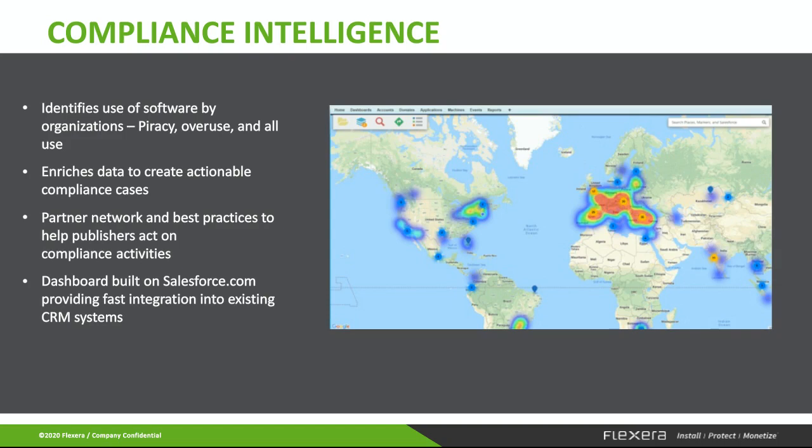The end goal of a compliance program is, sure, you're going to make money and settle more revenue based on that license leakage, but you want to gain that customer. You want that customer to be compliant and a good customer moving forward. Maybe as you're moving to a subscription model, or in that transition from permanent to subscription, a way to get them well is to offer a subscription plan. And now that you know what they're using within the product, you know how to set that value. So compliance intelligence has grown out of the piracy problem that still affects companies today, anyone with distributed, popular, or even high-value applications.